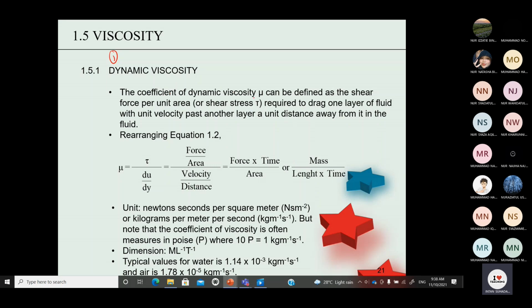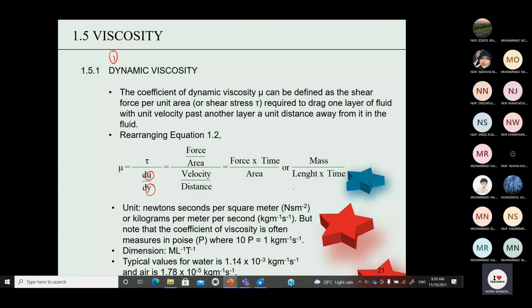The coefficient of dynamic viscosity can be defined as the shear force per unit area, which is the shear stress, required to drag one layer of fluid with unit velocity past another layer a unit distance away from it in the fluid. This is the symbol for viscosity, equal to shear stress over du dy. Shear stress is force over area, this is velocity, this is distance.